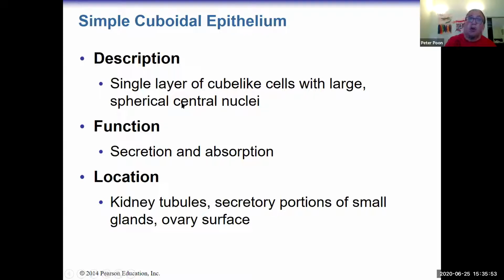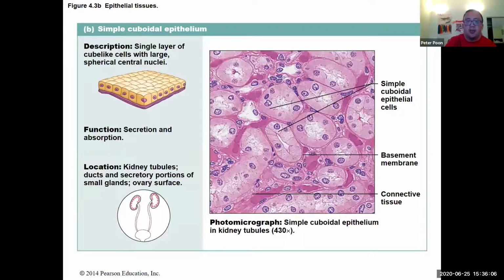All right, simple cuboidal epithelium. Simple, one layer, cuboid, square-shaped cells. So here they are. What you're looking at is the cuboidal cells around this tiny little tube right here.